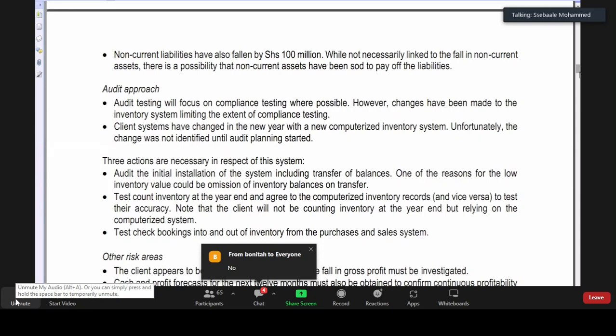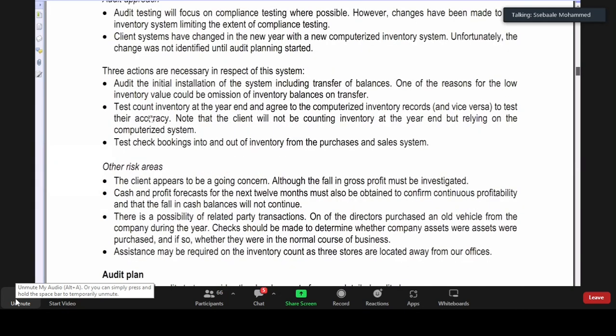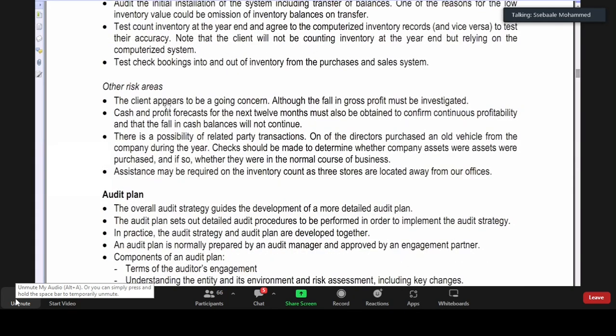The key areas of risk are inventory, receivables, cost of sales, and some non-current assets. Other risk areas: you look at the client. Does the client appear to be a going concern? Yes, the client is a going concern, even if there's a drop in gross profit.